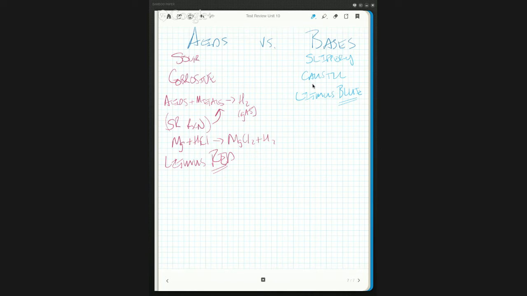Trying to think of, oh, they are bitter. Why didn't I remember that? Bases are bitter and blue. Booyah. So slippery, caustic, turns litmus paper blue, bitter.